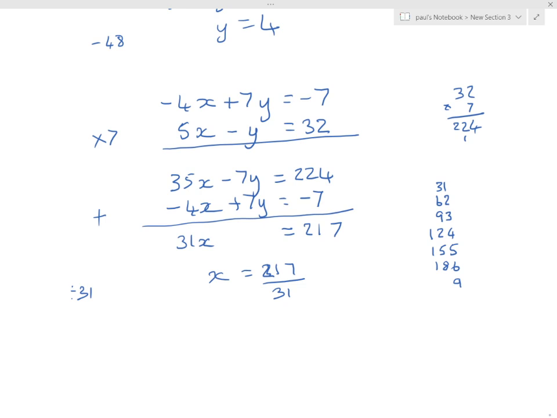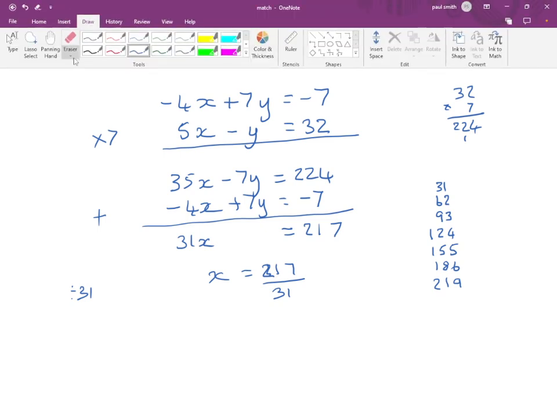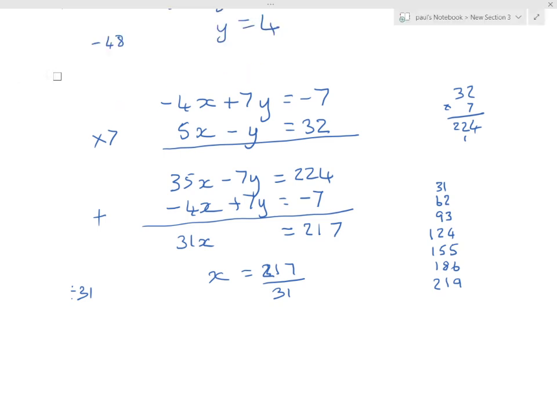Why didn't it come out as 218? That's because I can't add 1. So 6 and 1 makes 7, don't they? Okay, so 1, 2, 3, 4, 5, 6, 7. Therefore x equals 7. Okay, so let's substitute something in there.